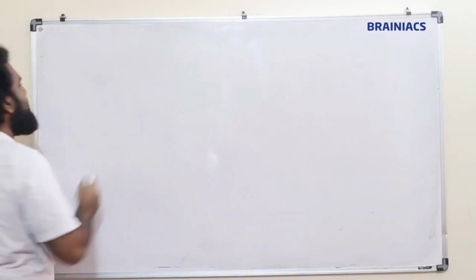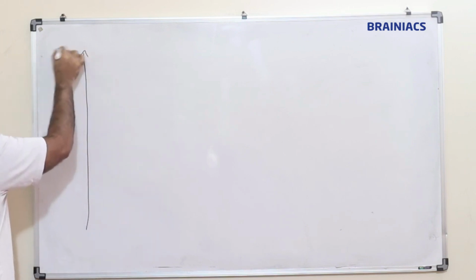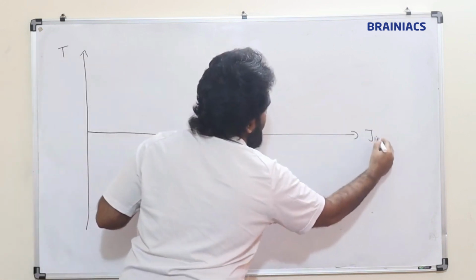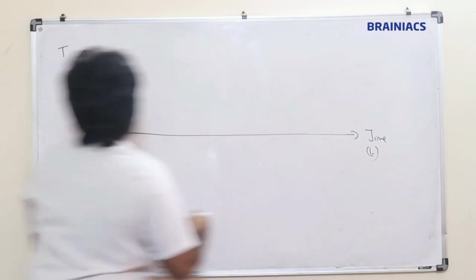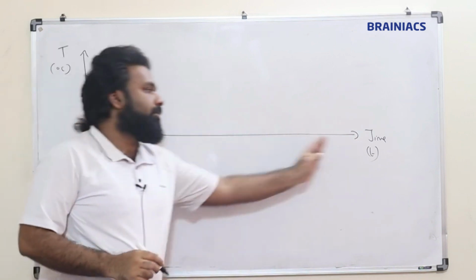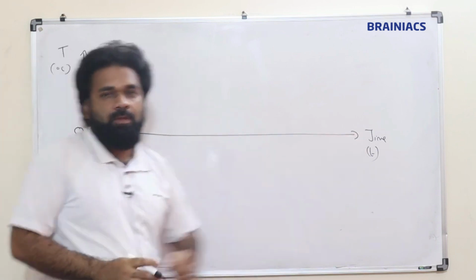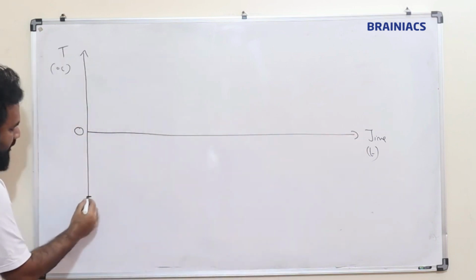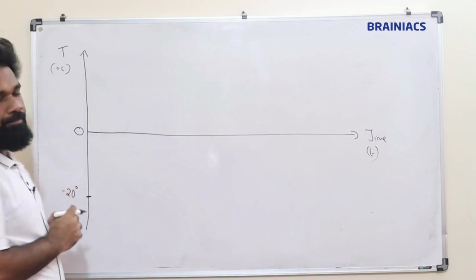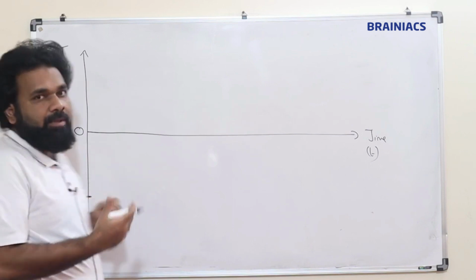Okay, now suppose we need to plot a graph of temperature and time t. So this is temperature and time t. Suppose this is, for example, minus 20 degrees Celsius, a state where water will be in the form of ice.